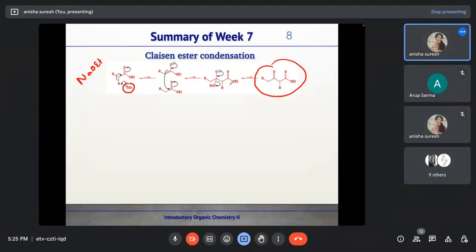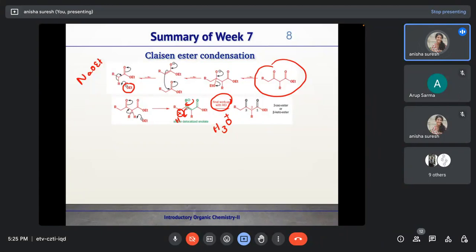So how will this reaction become irreversible? For that, again there will be base present in the system and there will be an alpha proton. That alpha proton will be abstracted, giving rise again to the stable delocalized enolate. Then in the final workup with HCl and water, which gives H3O plus, this enolate can abstract a proton and give rise to this product.